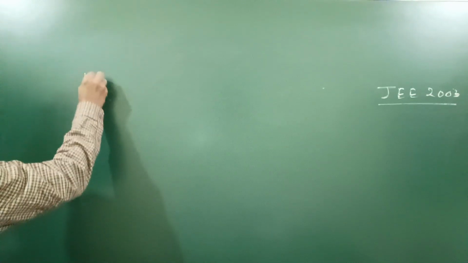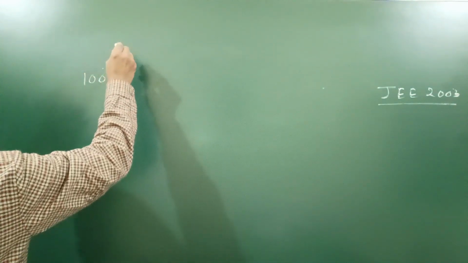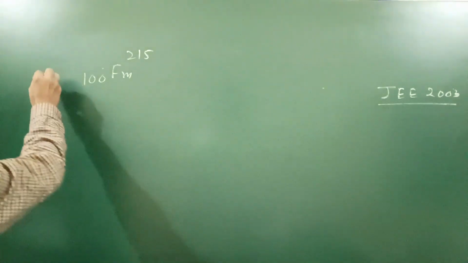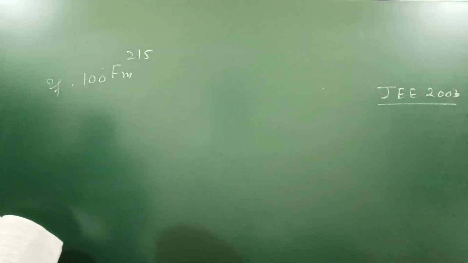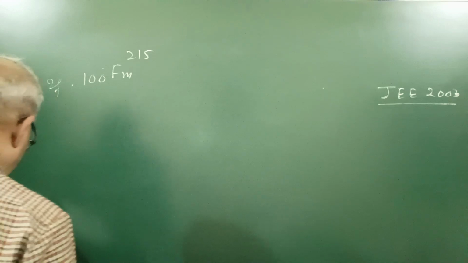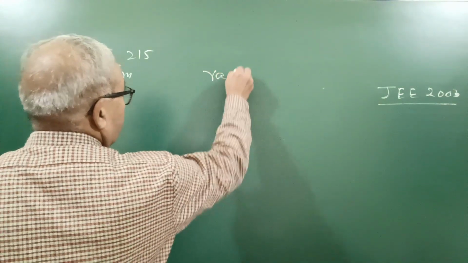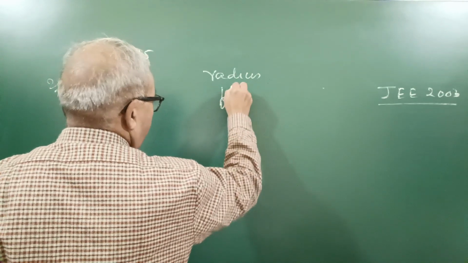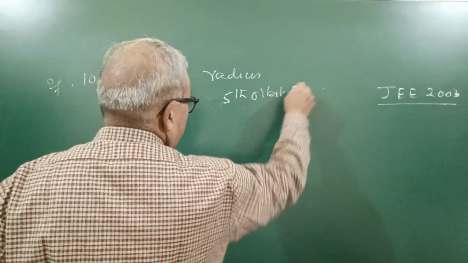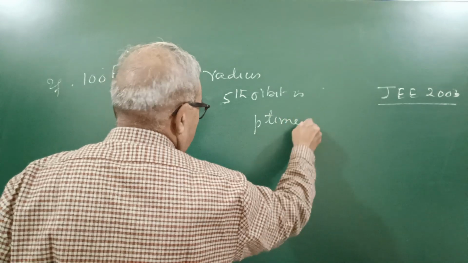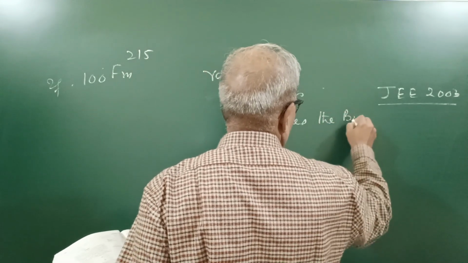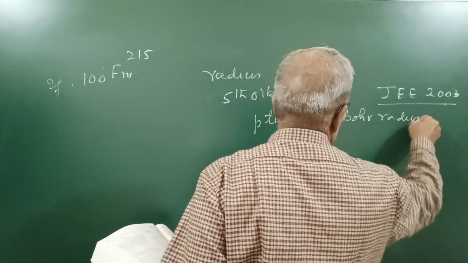In atom 100Fm215, if this atom follows Bohr's model and the radius of fifth orbit of this atom is P times the Bohr radius, then what is P?